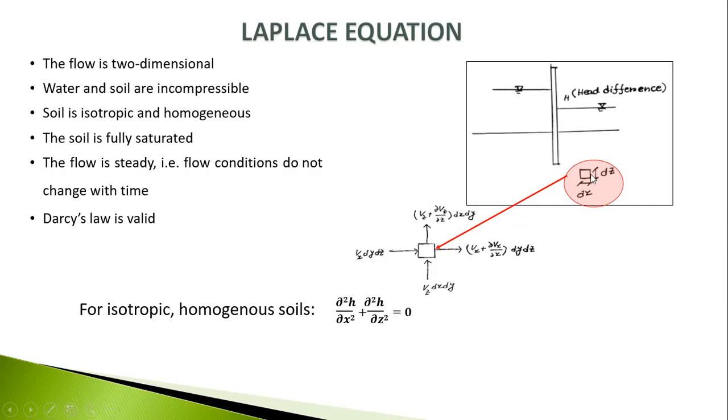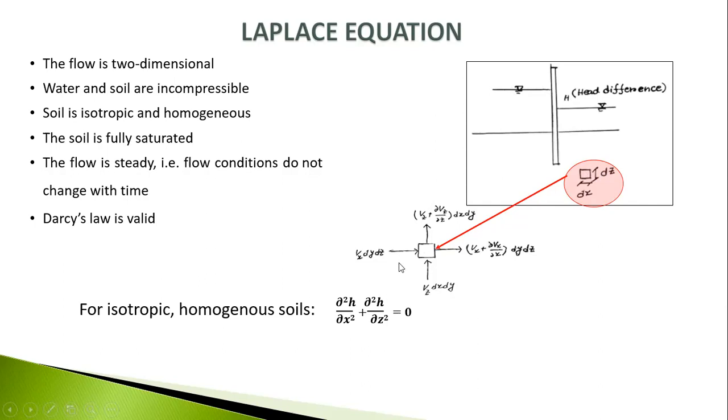Now we have to take a small portion of the soil below this water table. This small portion has three dimensions: dx, dz, and dy.